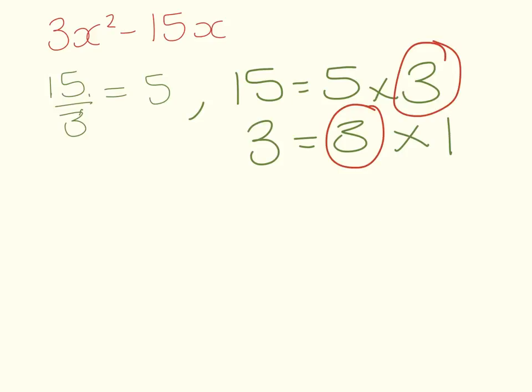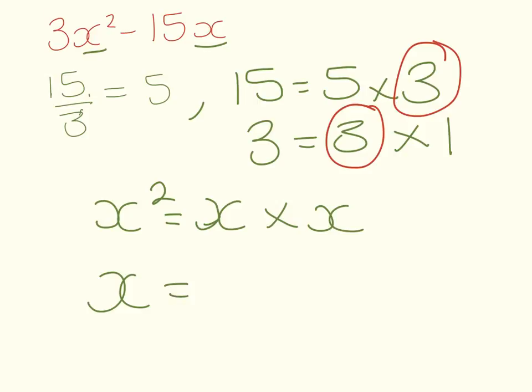If we have a look at our letters, both contain an x. One contains an x squared and one contains an x. The easiest way to get x squared is if we multiply x by x. And the only way to get x is if we have x multiplied by 1.